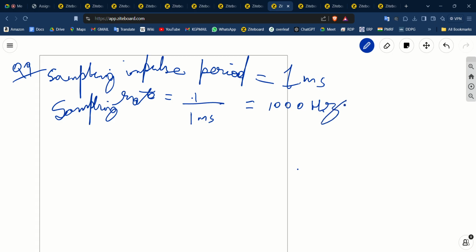So to avoid aliasing, this 1000 hertz sampling rate should be greater than or equal to the Nyquist rate.